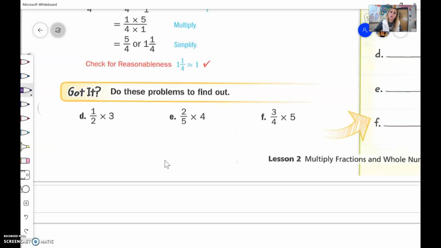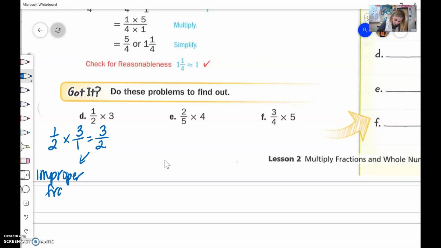Okay, let's start with 1/2 times 3. So 1/2 times 3, I'm going to put 3 over 1. Okay, I'm going to multiply my numerators. What is 1 times 3? 3. What is 2 times 1? 2. Can I leave it like that? No. Again, write it down so you know that that is an improper fraction, where my numerator is bigger than my denominator.